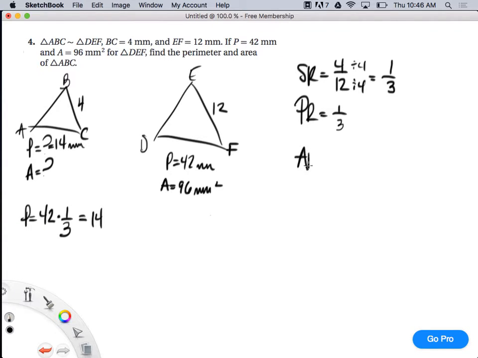Now I have to find my area ratio. Is the area ratio the same as the similarity ratio, Matthews? No. How do I find the area ratio?